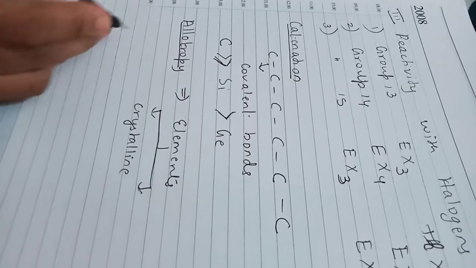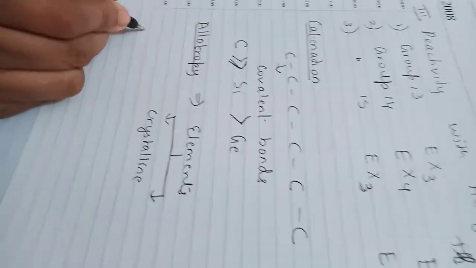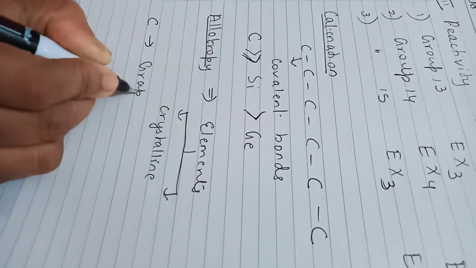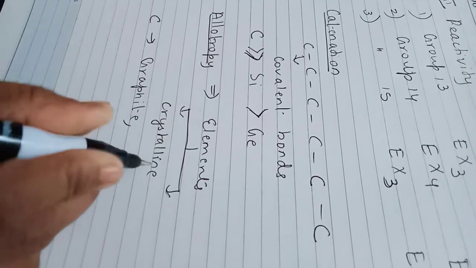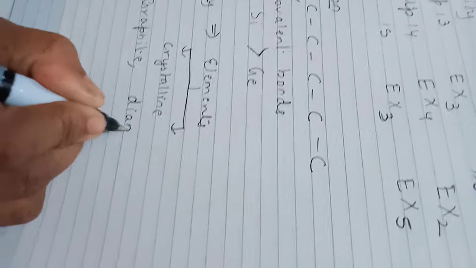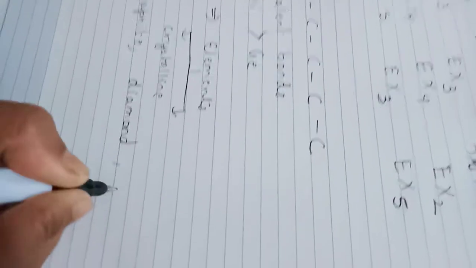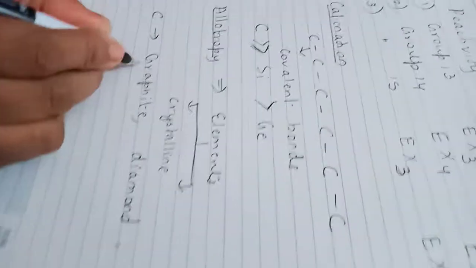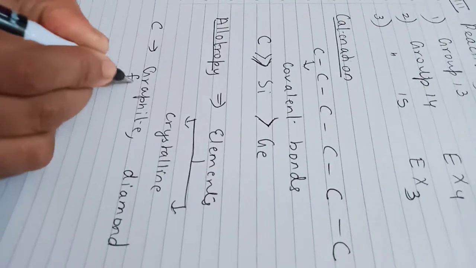For example, there are 4 important allotropes of carbon. You are familiar with these two, graphite and diamond. There is one more which is called graphene. There is another which is called fullerene.